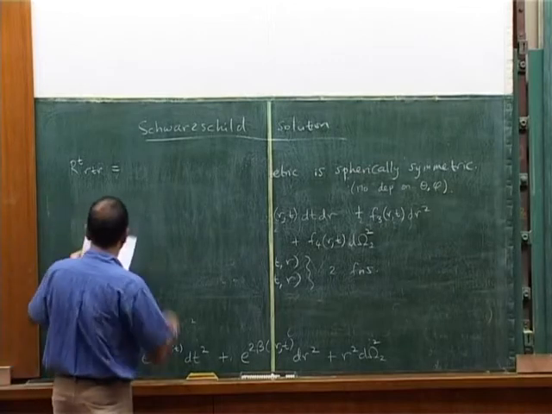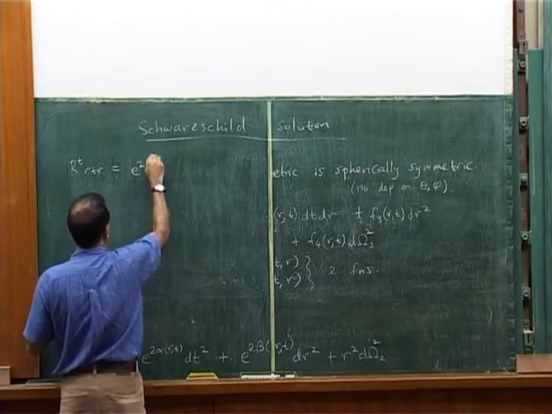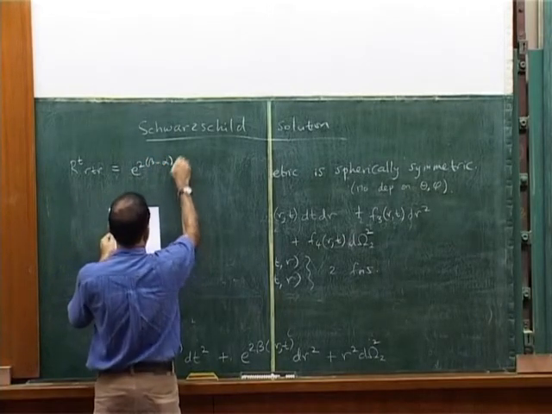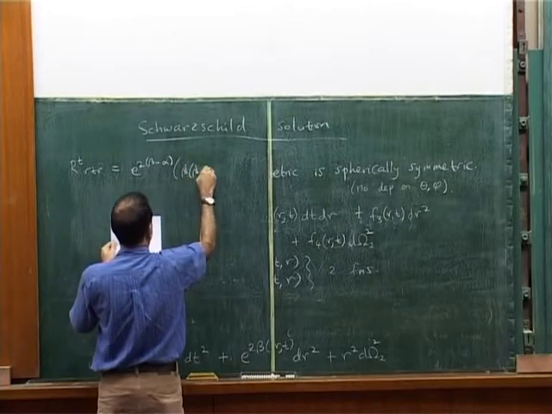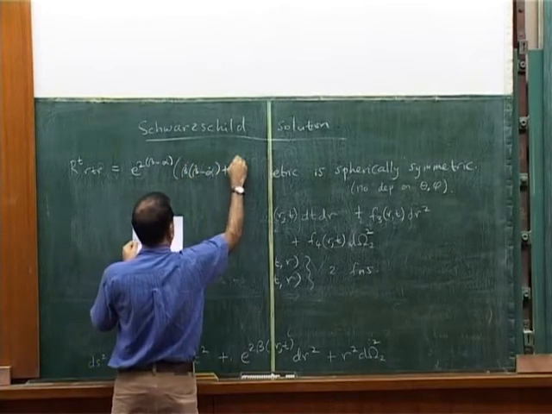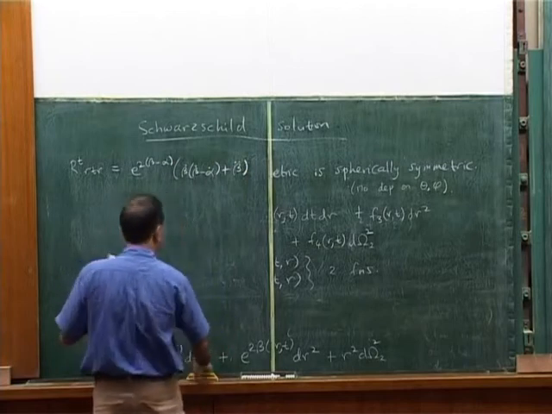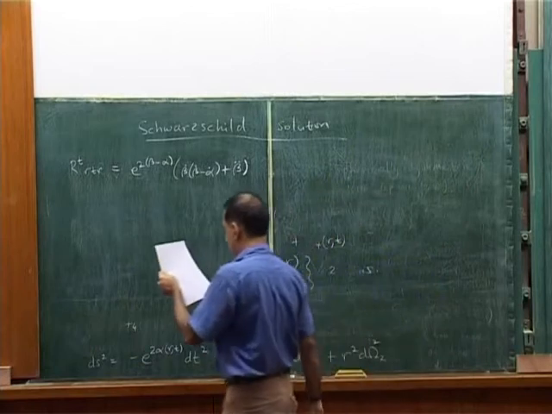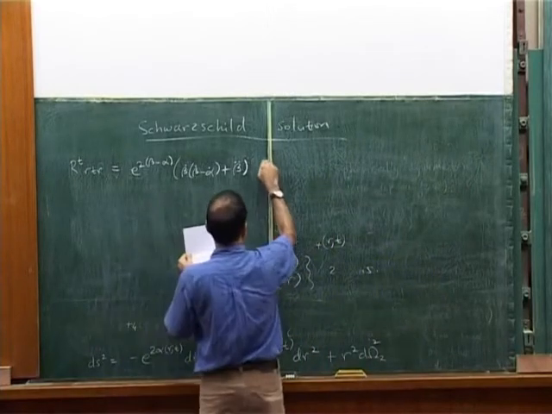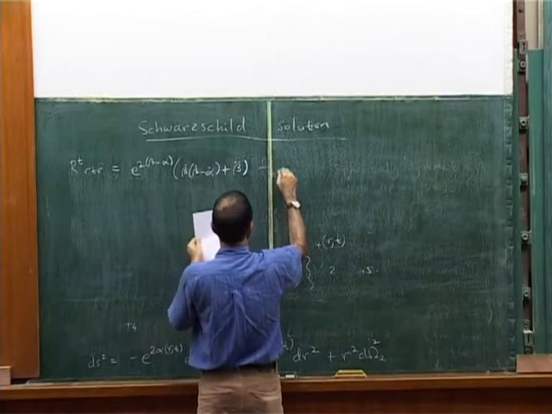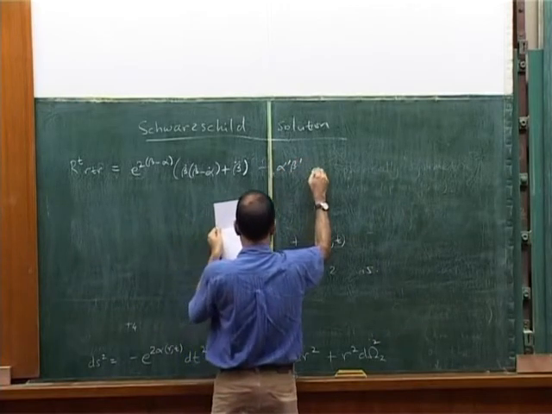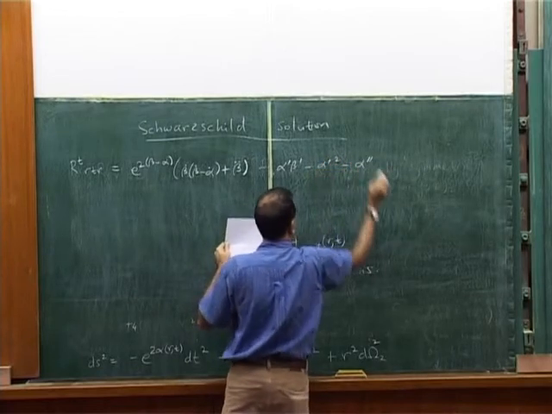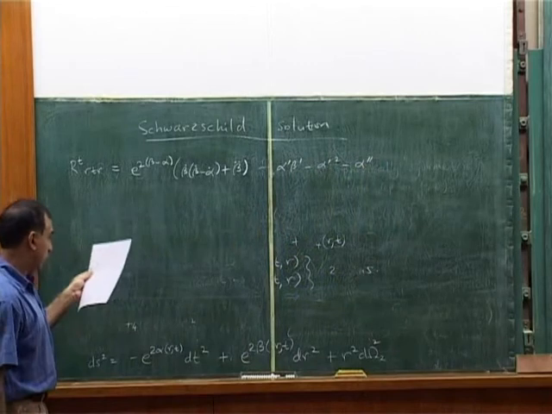Good. So this gives me e to the 2 beta minus alpha, beta dot into beta dot minus alpha dot plus beta dot dot, plus these three functions of alpha and beta.